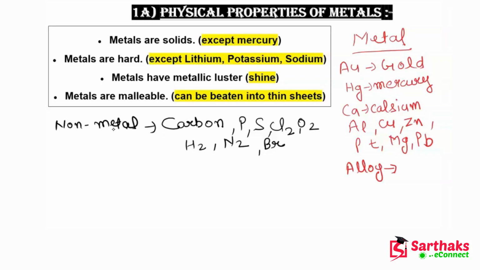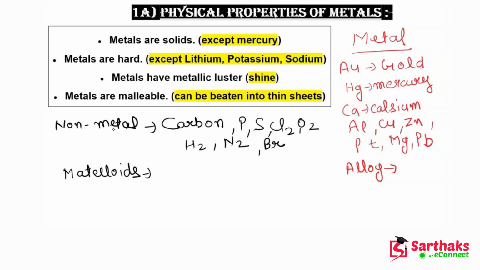Now guys, let's talk about some of the examples of metalloid as well. So we all know what is metalloid. Metalloids have basically both types of characteristics which are found in metal and non-metal. They have both the characteristics. So you can also call it semi-metal or metalloid.